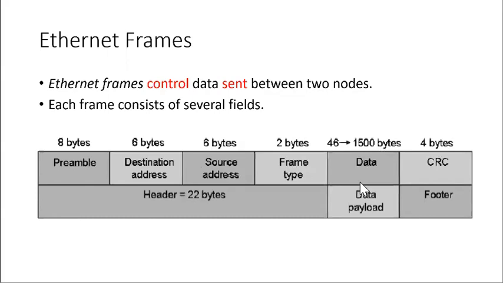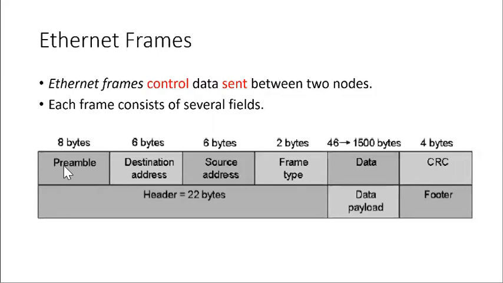When we learned about encapsulation and decapsulation, we saw that so much information is added or removed at each layer when data is transferred and received. Let us see what information is contained in the Ethernet frame header. The first one is called the preamble, which is 8 bytes in total. It is a pattern of bits, zeros and ones.